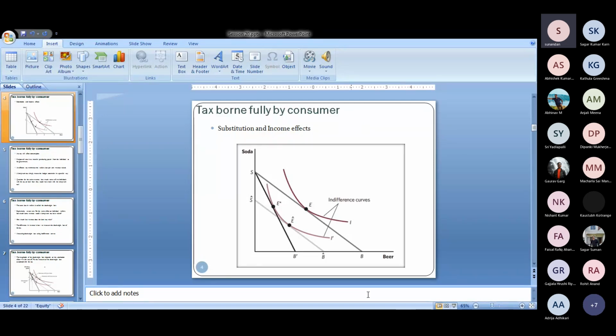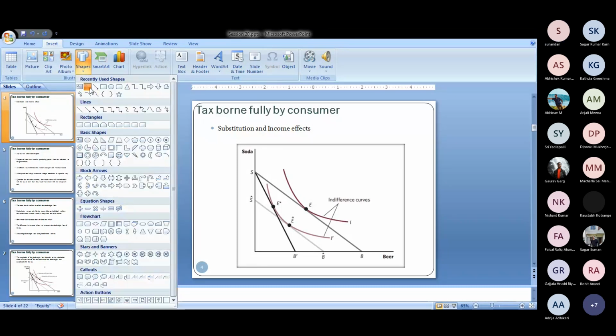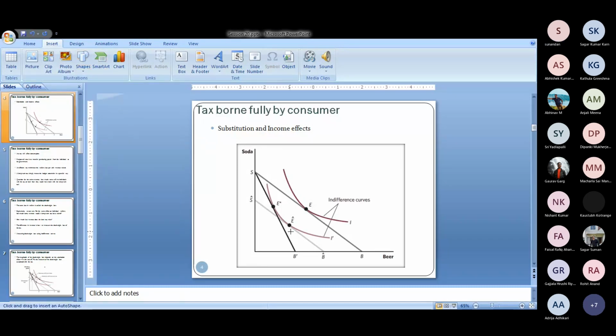The moment you move from E hat to E star, what is happening? You are replacing beer with soda. So you are consuming this much beer less.